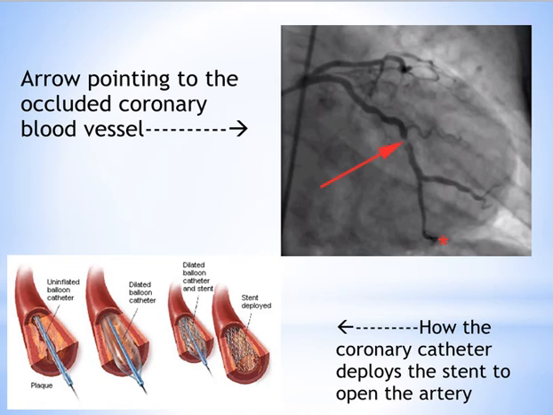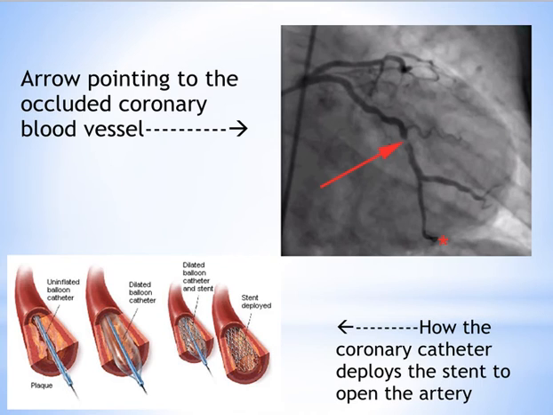And this is an example of an x-ray image, and the arrow is pointing to where there is an occluded coronary blood vessel. That little pinched off area, that's where there's a clot. And there's just enough blood flow that beneath the blood, where the arrow is, there's still flow.